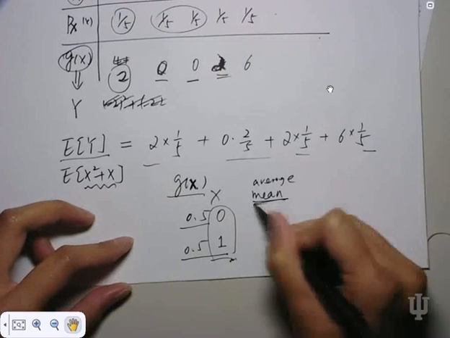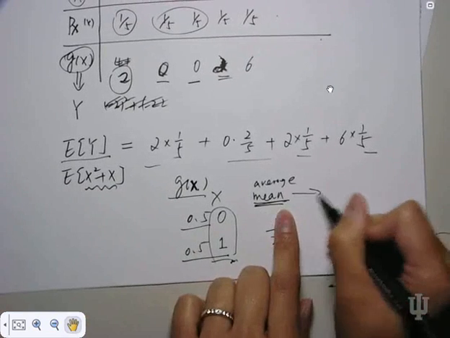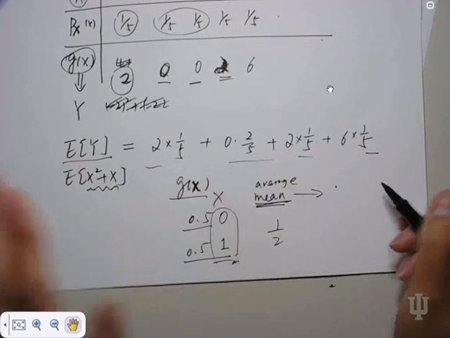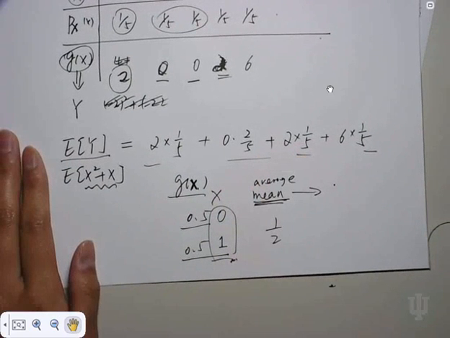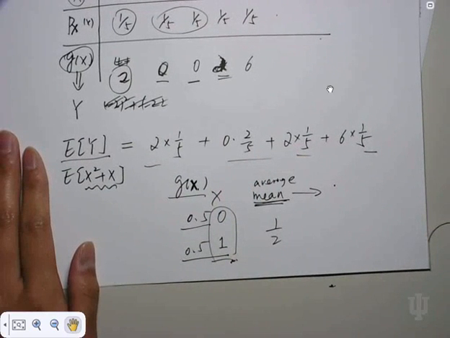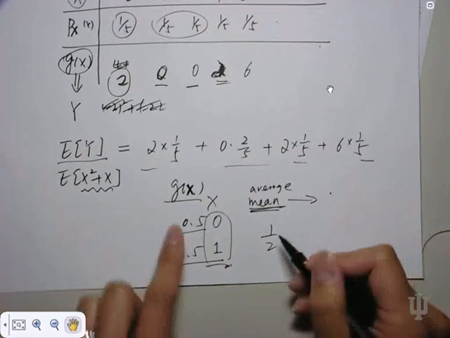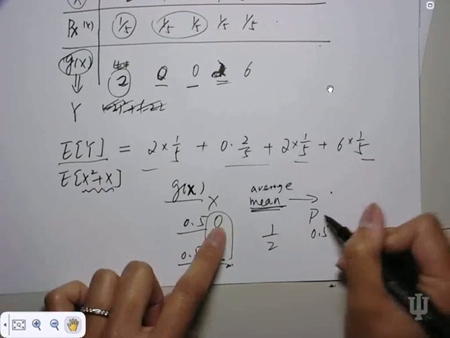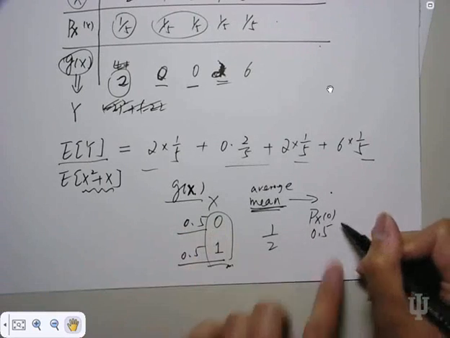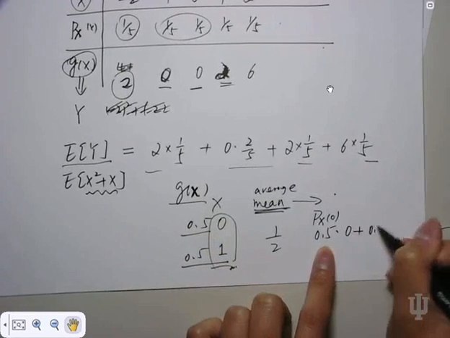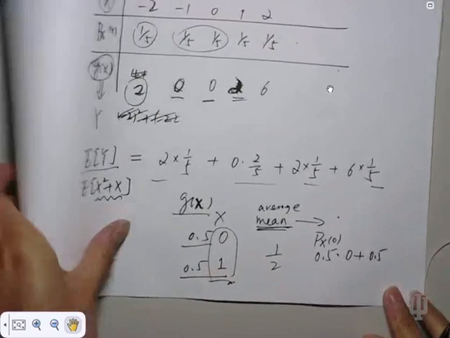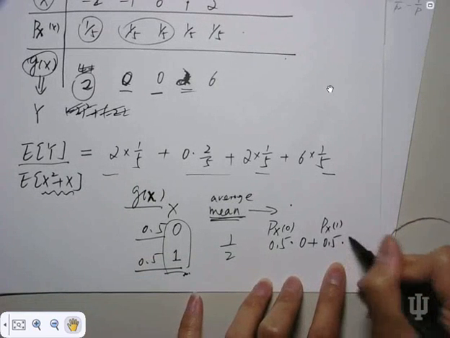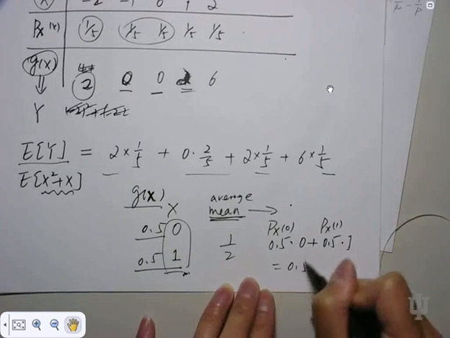Then the mean value in statistics is related to the expected value here. It's like without doing the experiment, what do you expect, right? You have a rough estimation about that. So for this particular case, it's the probability of getting 0 times 0, plus the probability of getting 1 times 1, right?